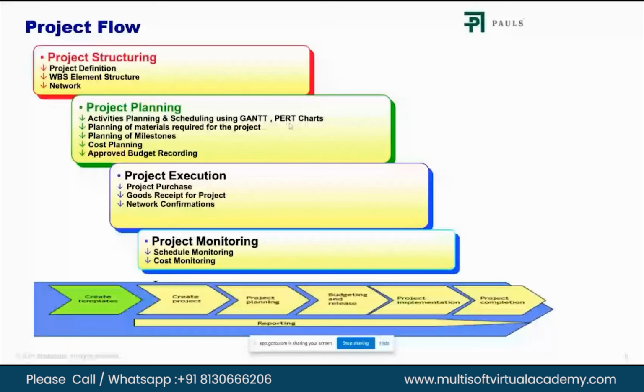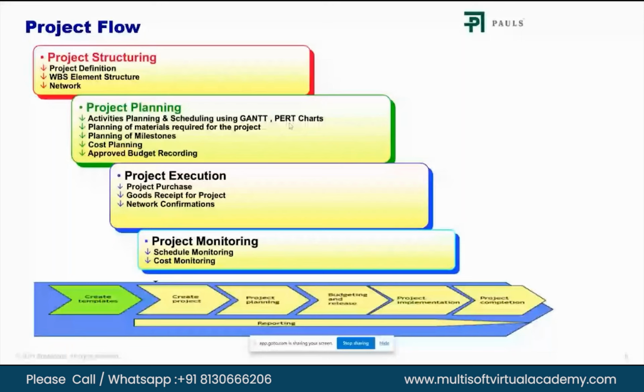So the team wants to procure cement for construction of clubhouse. They'll create one PR, purchase requisition, and purchase orders. So they want to order 1 lakh rupees of cement, so they'll be consuming your budget on this WBS. Say that your budget is 50 lakhs on this for ordering cement for the clubhouse construction.